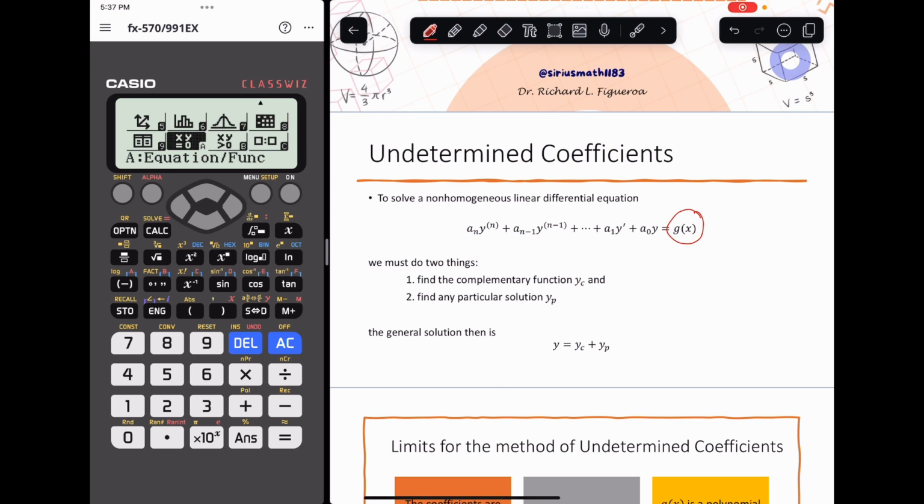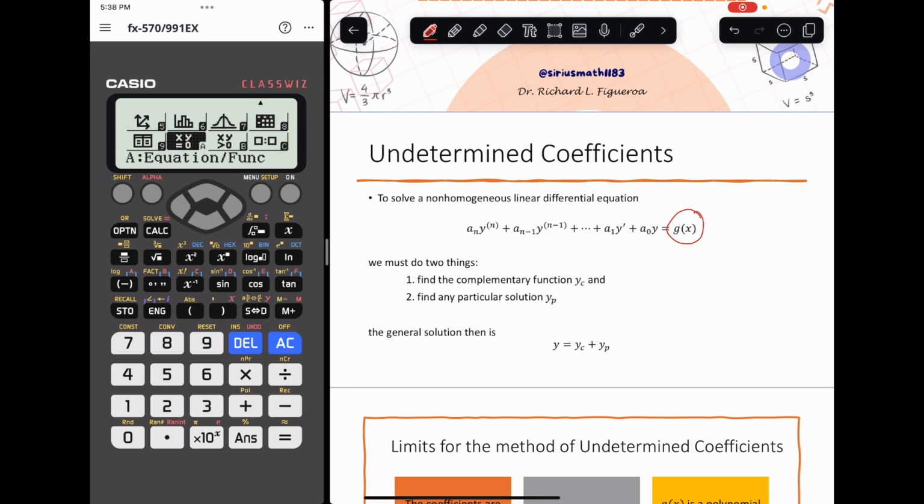The first one is we find the complementary function yc. The complementary function is the solution for the homogeneous part of a non-homogeneous equation, the equation which involves the dependent variable and its derivatives.